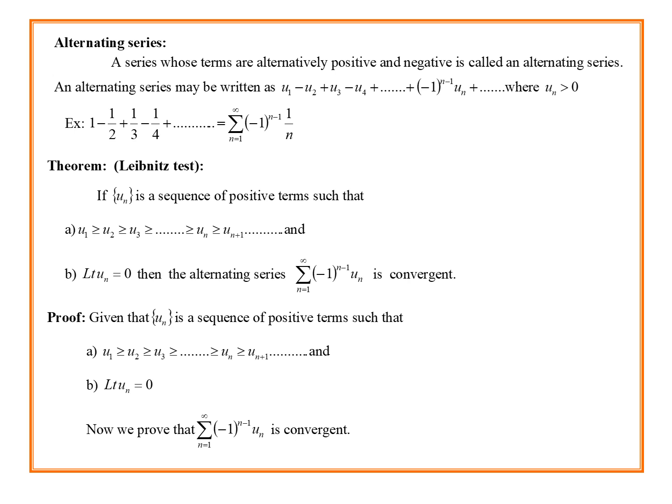Now coming to the proof. Given that sigma un is a series of positive terms such that, as in the statement, first u1 greater than or equal to u2 greater than or equal to u3 and so on, un greater than or equal to u of n plus 1 and so on. And second, limit un equal to 0. In this theorem we have to prove that the alternating series, that is sigma n equal to 1 to infinity minus 1 whole power of n minus 1 into un, is convergent.